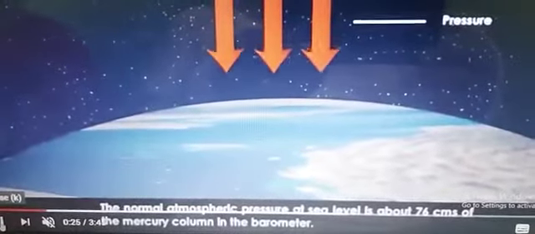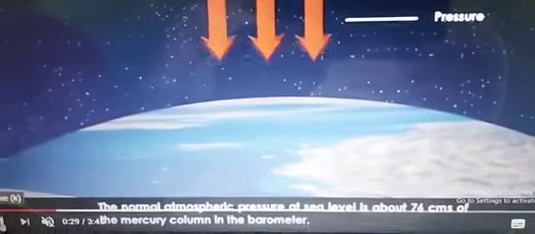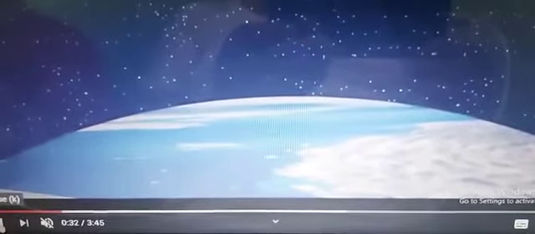Now children, as you see, the pressure is exerted on the land, the earth. Due to this pressure, you see the horizontal distribution of air pressure, and this is because of the wind.